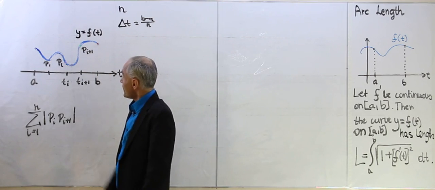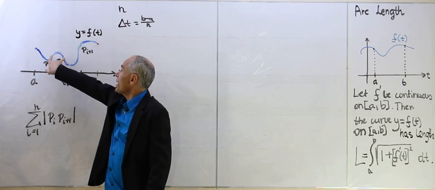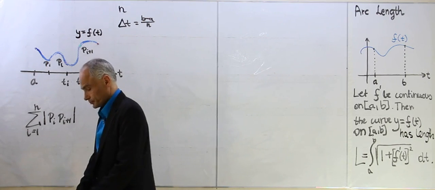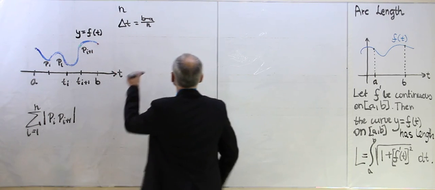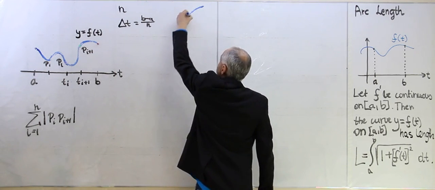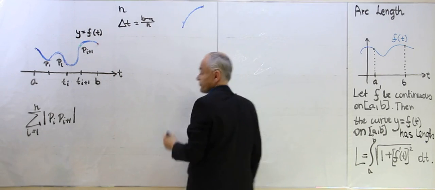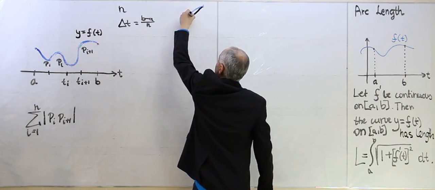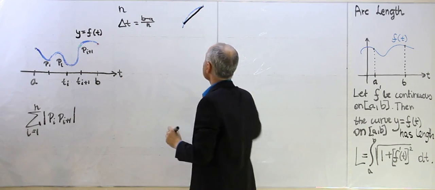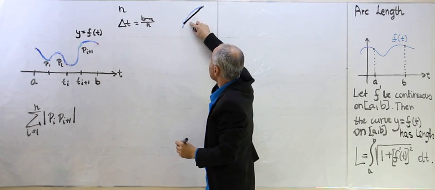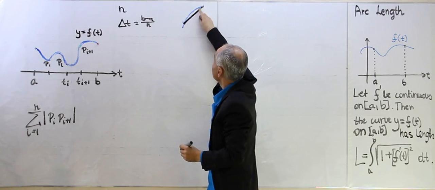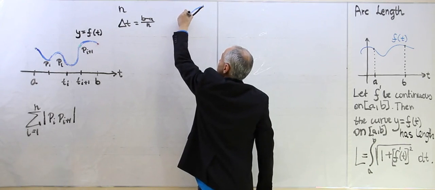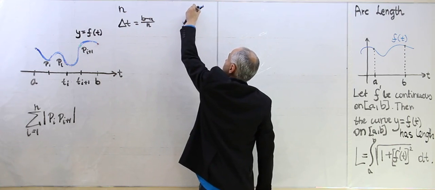And then these segments will better and better approximate those portions of the curve. For example, if I were to zoom in on a small fragment of this curve, then the line segment joining two points that are pretty close, the length of it would be probably not much less than the length of the union of smaller segments.